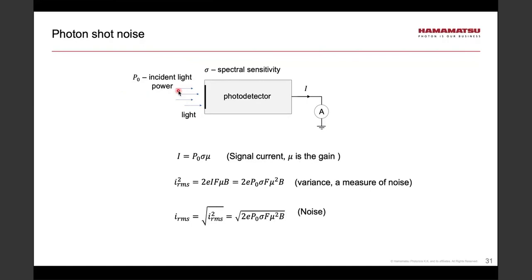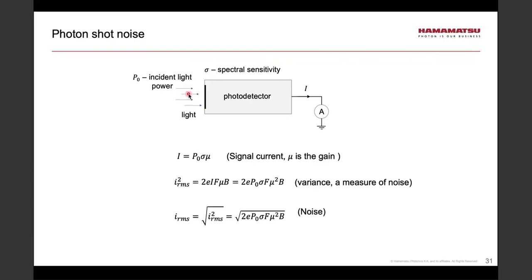Those fluctuations represent noise already present in the incident light. This noise is known as photon shot noise, and it arises because of the random nature of producing light. Light had to be produced somewhere, and most likely came from a random process. And so that noise is going to be inherent to the light itself.